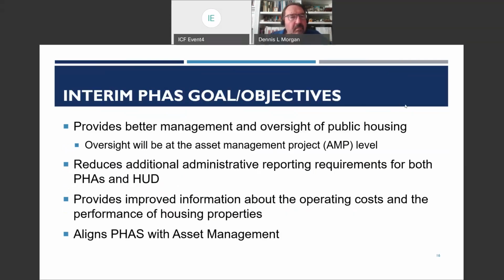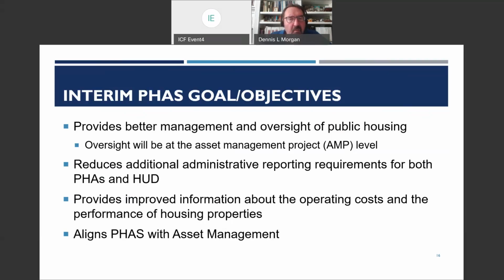And so under the interim rule, it provided greater oversight over the public housing program within each AMP. It realigned the scoring system with the asset management. And in the asset management, the focus is on the property. The focus is on how you perform those services at the property. What is in the best interest of the property is the way of the world of asset management.